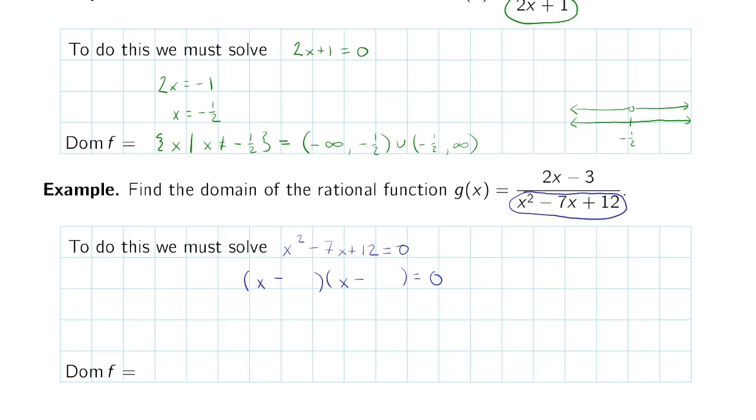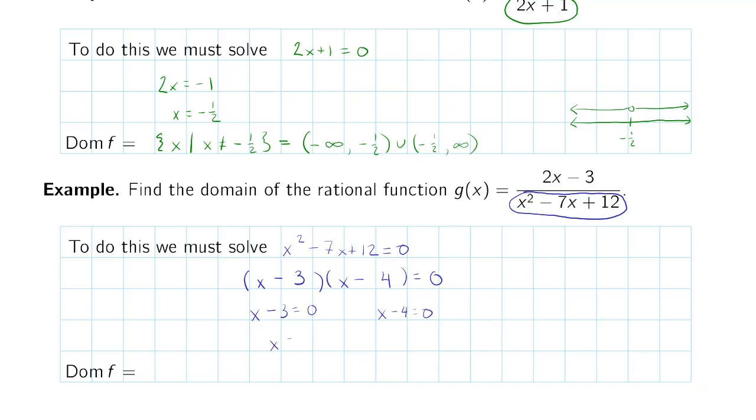Negative 3 times negative 4 gives me positive 12. Negative 3 plus negative 4 gives me negative 7. So my x squared minus 7x plus 12 factors as x minus 3 times x minus 4. That product is 0, so either x minus 3 is 0 or x minus 4 is 0.